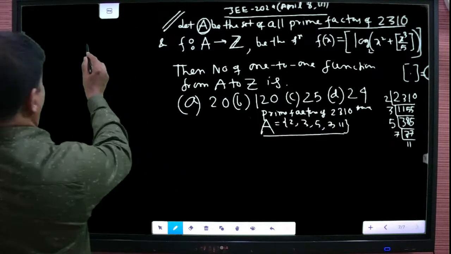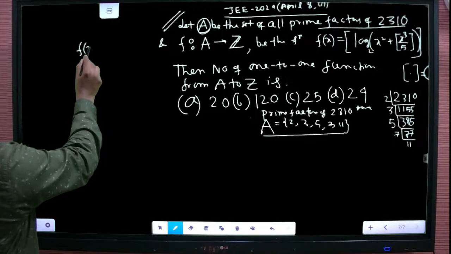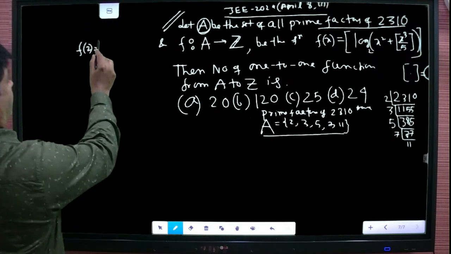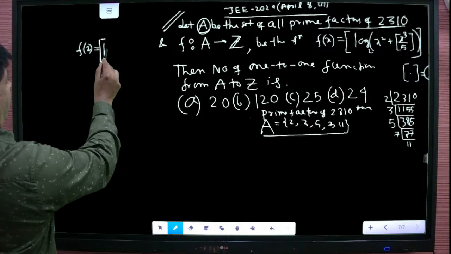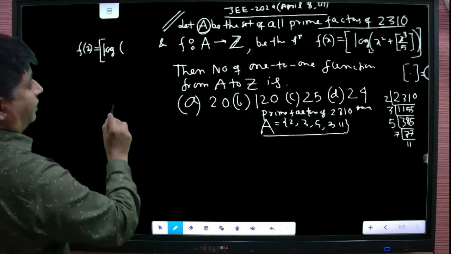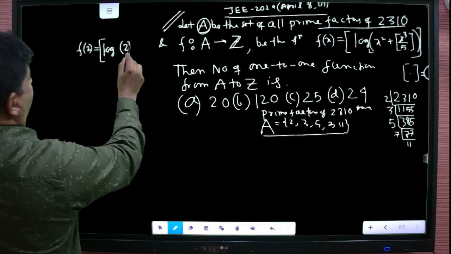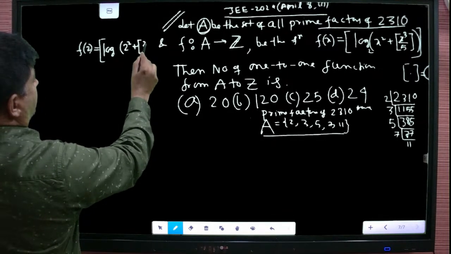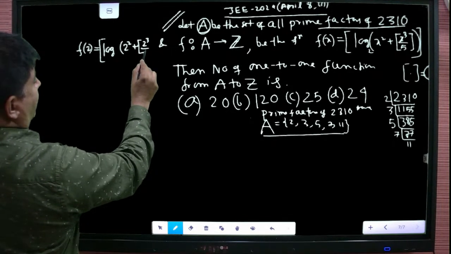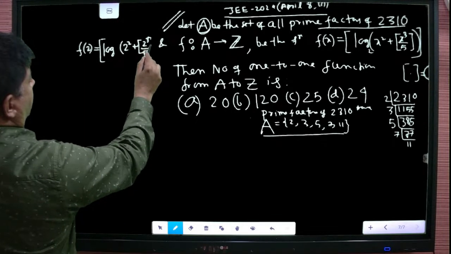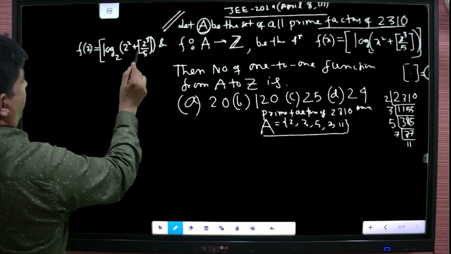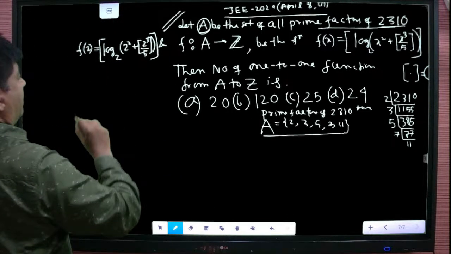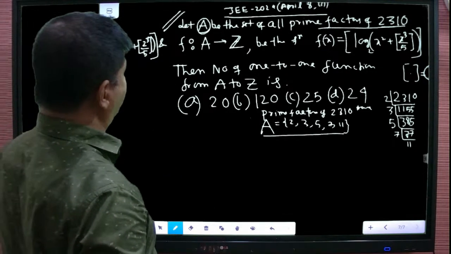First you take 2. F2 you find. See, directly you put F2. Box log of 2 square plus box of 2 cube by 5, to the base 2. Now the question is, what is box of 2 cube by 5?